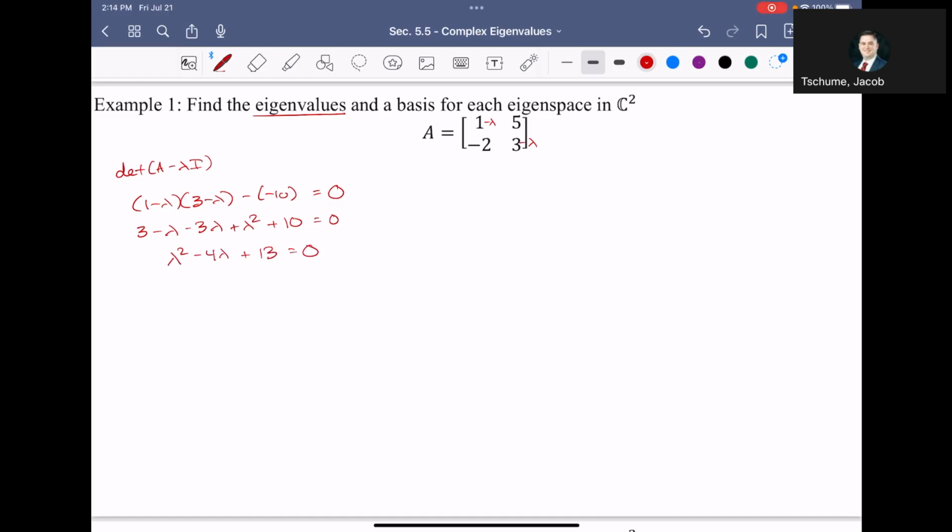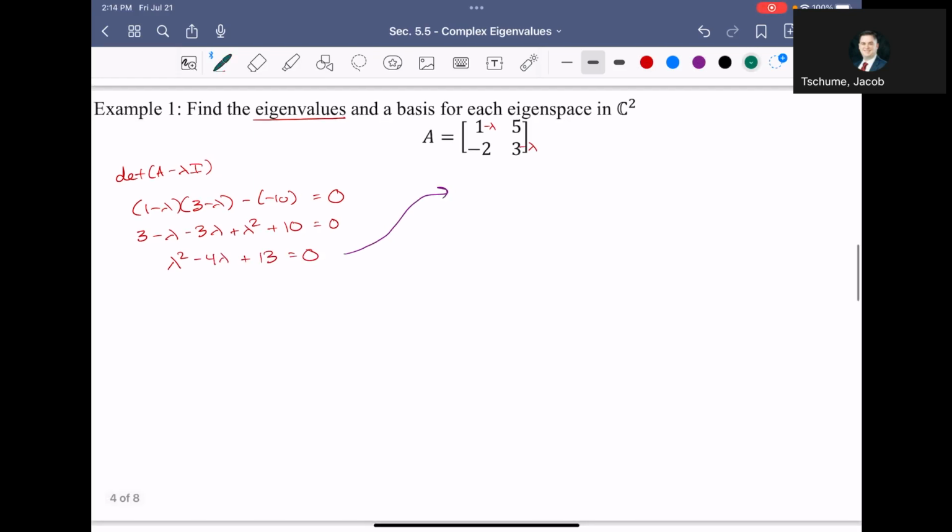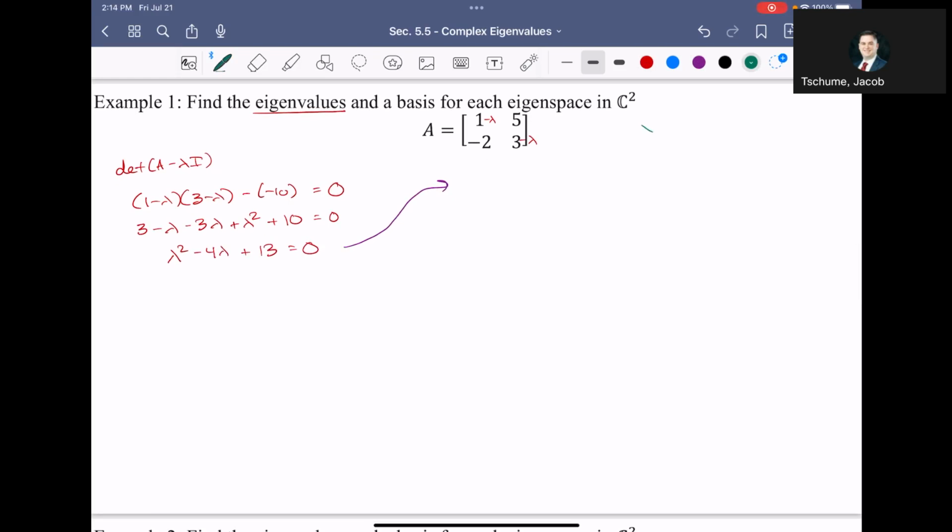So hopefully you remember from algebra back in the day, that to solve a quadratic that doesn't factor, you have to do the quadratic formula. As a refresher for your notes, the quadratic formula is negative b plus or minus the square root of b squared minus 4ac all over 2a, where a is your coefficient of the quadratic, b is your coefficient of the linear term, and c is your constant.